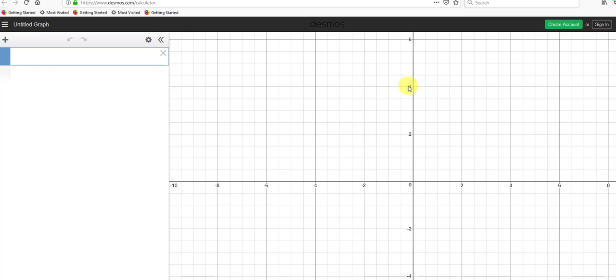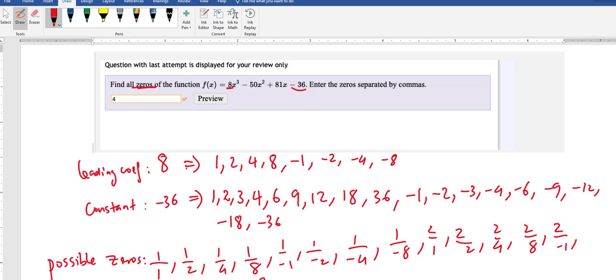Okay, all we do now is you have to go to Google and then enter this website, Desmos.com and /calculator. Okay, you can enter this one. And then go back to the function.